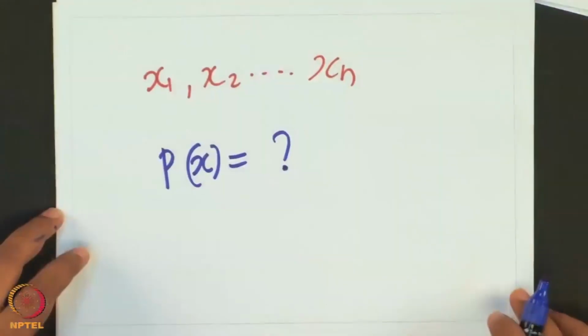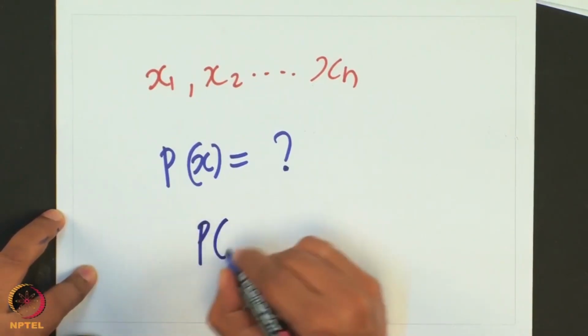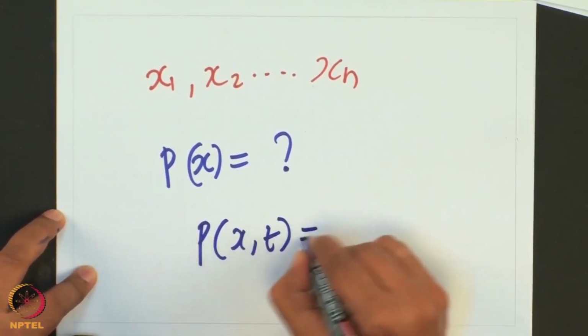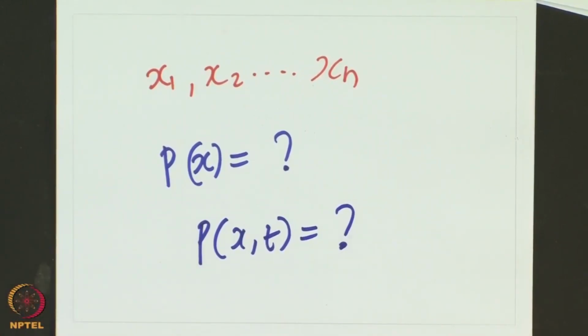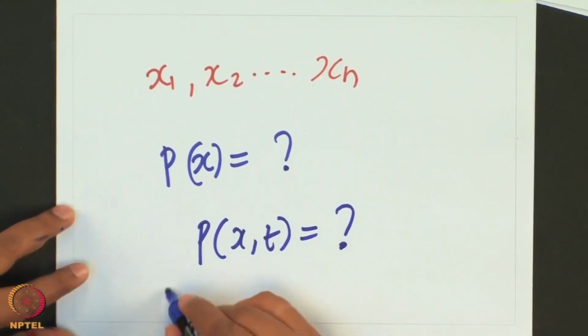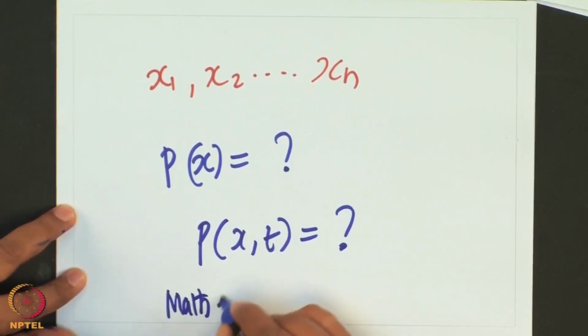A lot of mathematical modeling is done to predict what the probability distribution would be given a phenomenon. So the aim of this mathematical modeling is to predict P of x comma t.